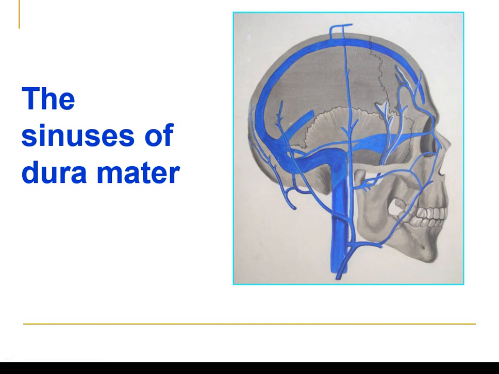Here we can see the outflow from the brain. The dura mater of the brain has sinuses. The sinuses of the dura mater are large veins inside the dura mater. They do not collapse and have no valves.